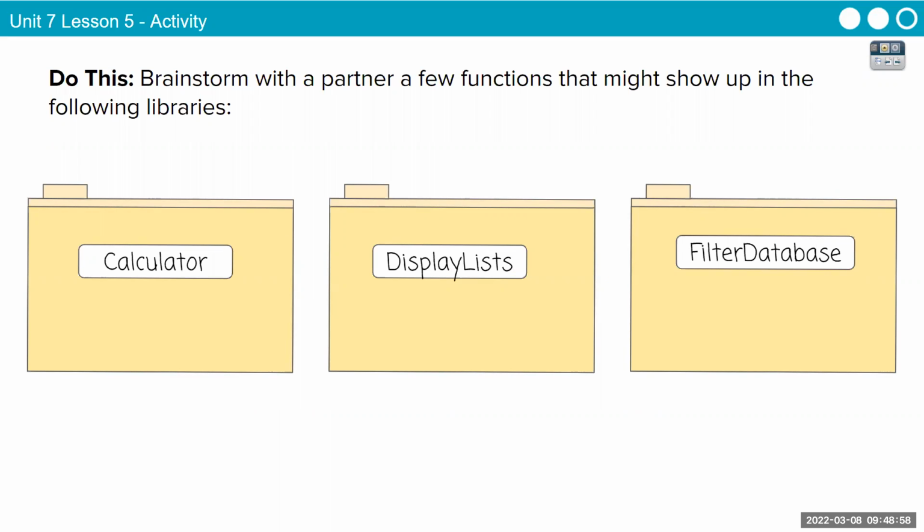Okay, when we get to the project where you're writing your own library, or writing functions for your own library, we'll do more brainstorming of what could be a useful function.